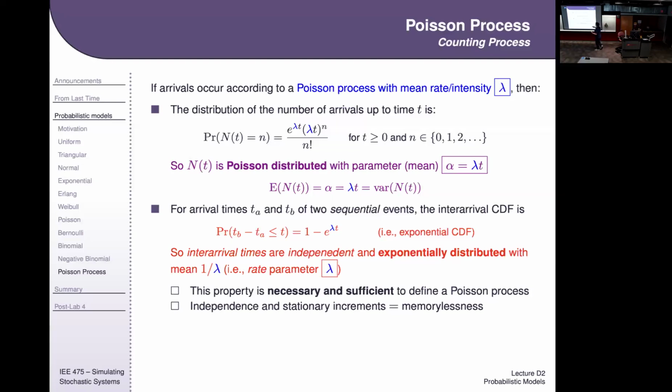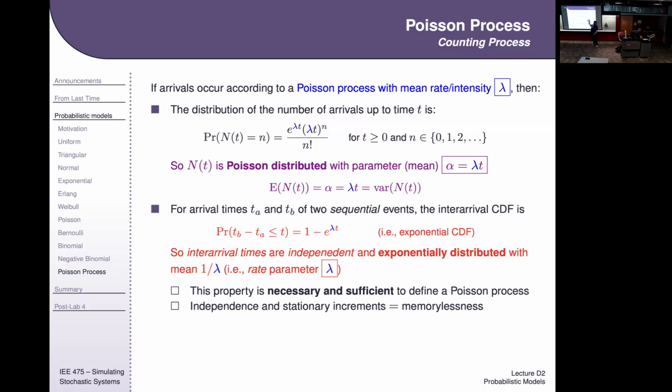So oftentimes when you're taking data, like if you go to the airport, it's often easier to count the number of people that arrive in intervals. But then once you go into Arena, it's much easier to simulate the time in between those arrivals. And so you can convert from one to the other because of this relationship.